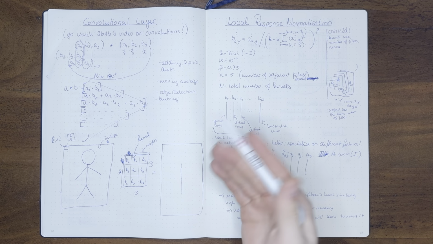As a high-level overview, what they want to achieve with this normalization is to force the network to learn kernels that detect other features. Because you could have the scenario where, let's say, you have n kernels, and your first kernel is very good at detecting vertical lines, and so is your second kernel and third kernel, and so on.